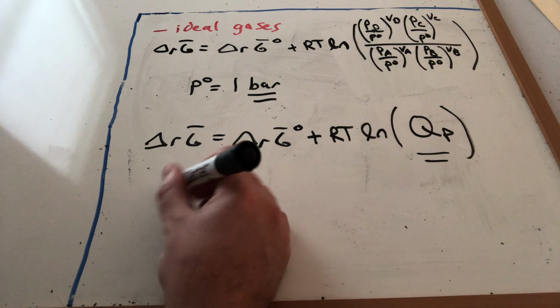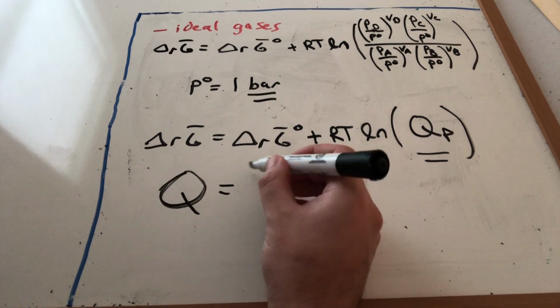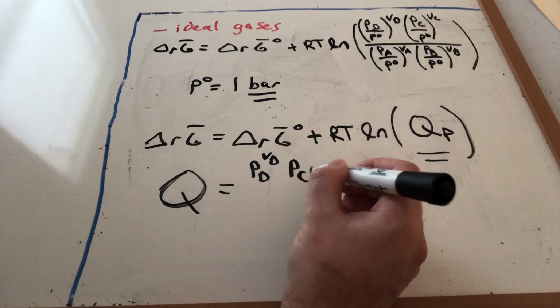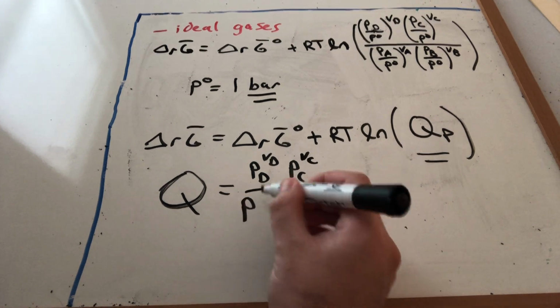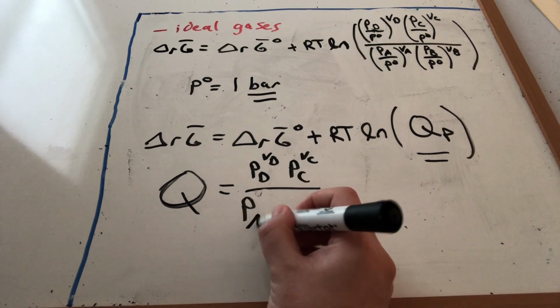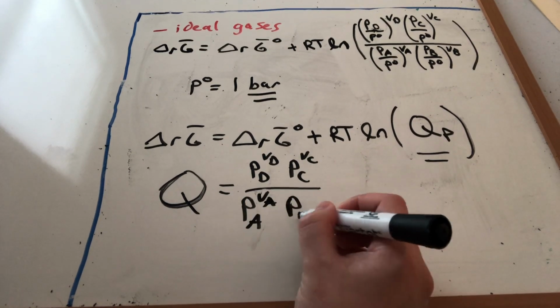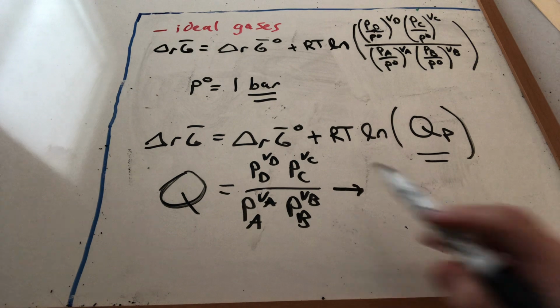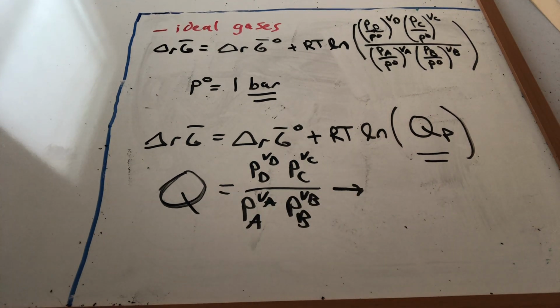Remember what happens to Q at equilibrium. Q is the pressure of product raised to the stoichiometric coefficient, over the pressure of all reactants raised to their stoichiometric coefficients. At equilibrium, these pressures are now equilibrium pressures, there's no more net motion in that system, and the chemical potentials have settled down to being equal for the reactants and product side.